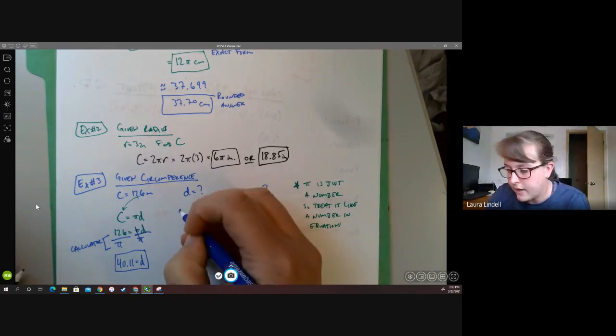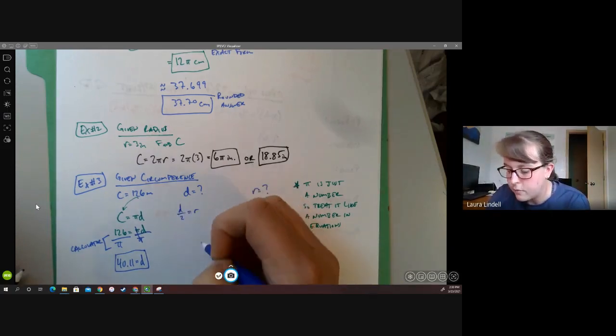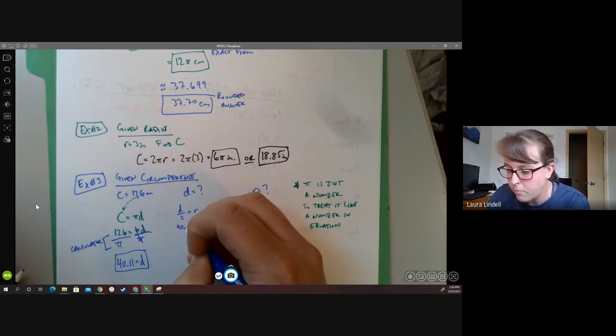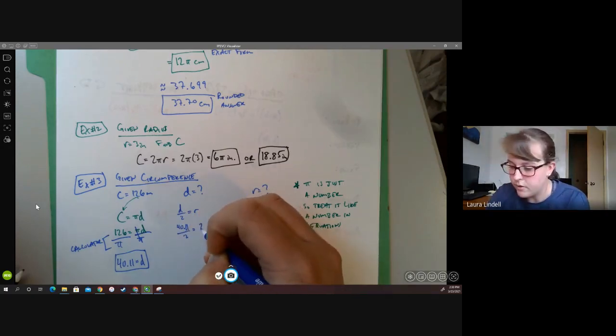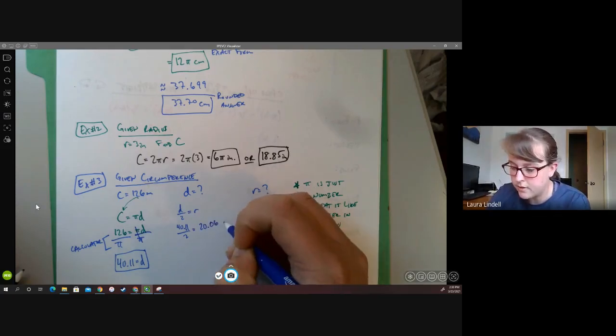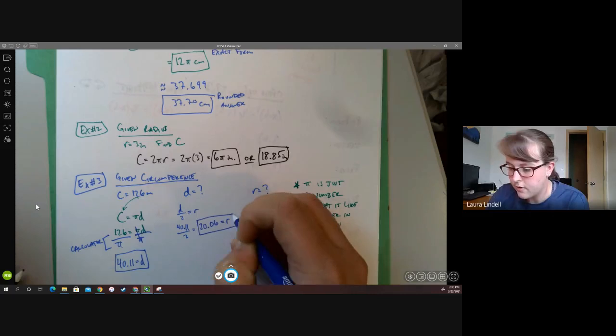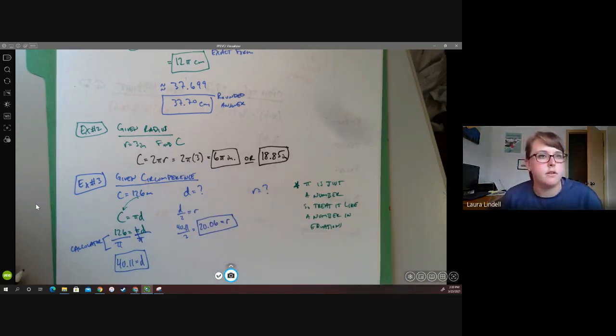And then I would just take diameter divided by 2 equals the radius. So 40.11 divided by 2, which is 20.06 if you round it, for the radius. So now we found radius and diameter from the circumference.